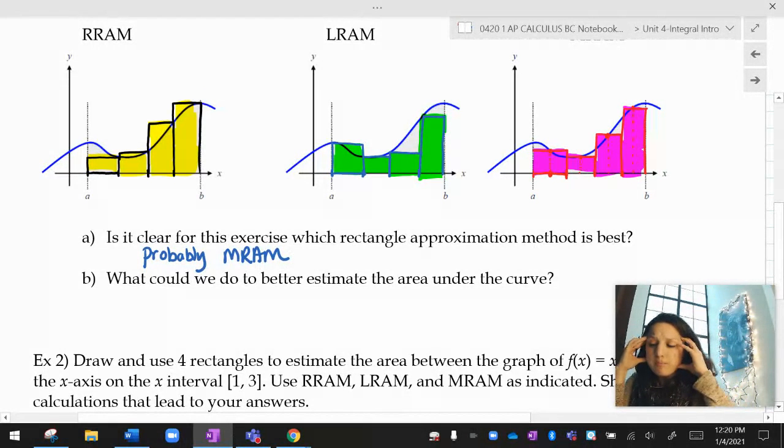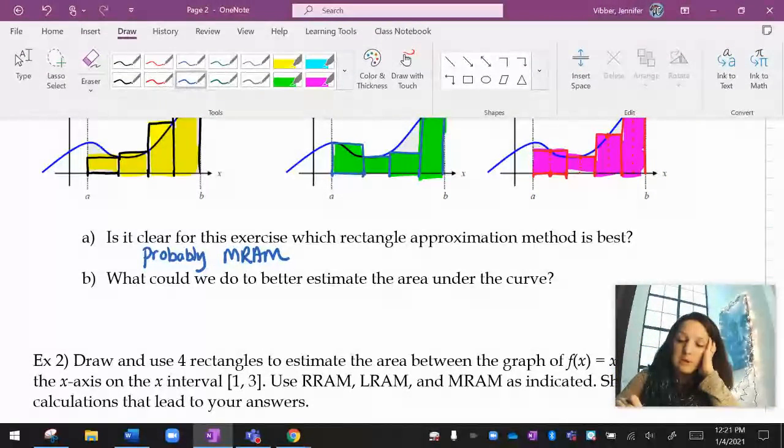Now, what can we do to better estimate the area under the curve? Well, maybe not using rectangles because they're not great, but what if I say you have to use rectangles? What could I do with these rectangles to better estimate the area? Let me give you a hint.